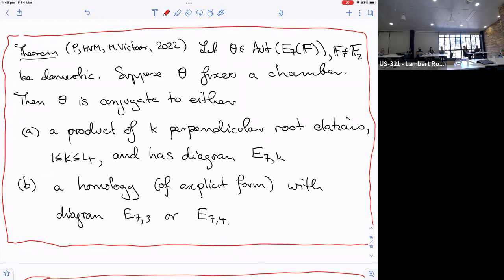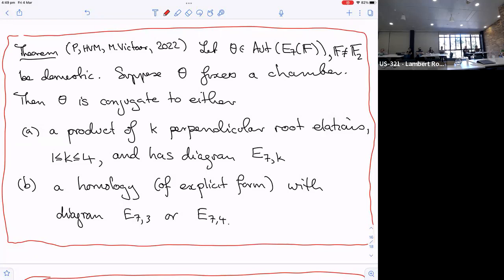And actually, you can say very precisely what it is. It's either a product of k perpendicular root elations. So what that means is, if you're familiar with Chevalley generator stuff like the x_alpha(a)'s, and you build the Chevalley group, the alphas are the roots, and so you're a product of k of those x_alpha(a)'s, with the alphas being perpendicular in the root system of type E7.